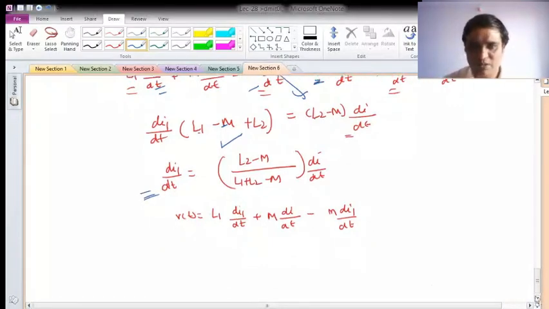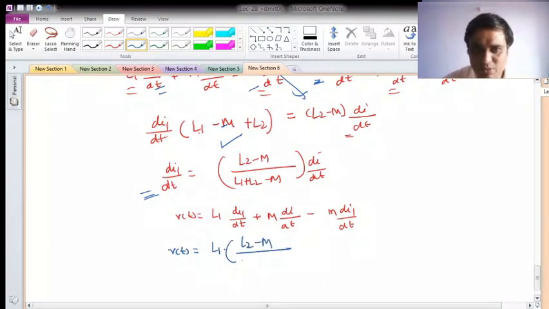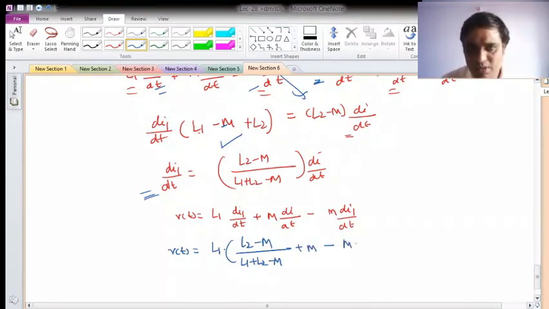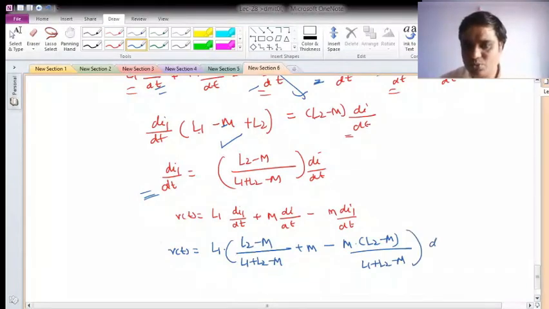Now V of t will be L1 times L2 minus M upon L1 plus L2 minus M, plus M di by dt, and minus M times L2 minus M over L1 plus L2 minus M into di by dt.